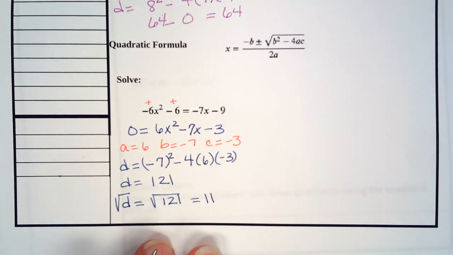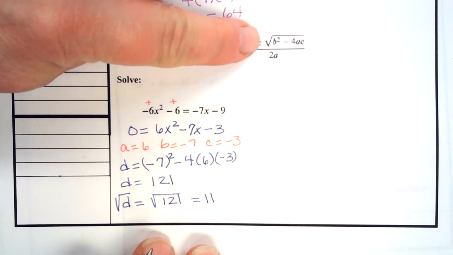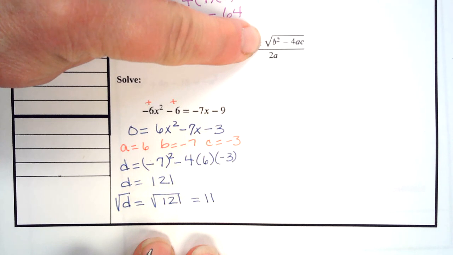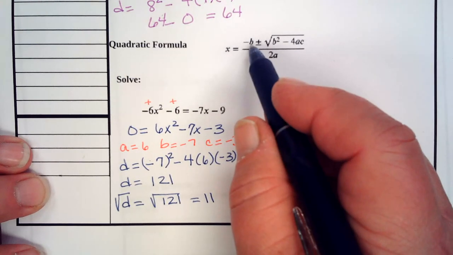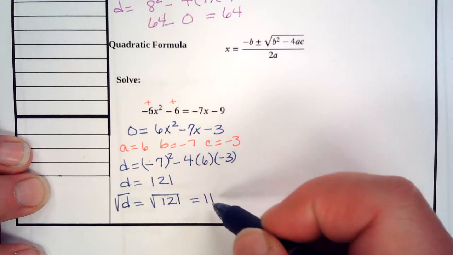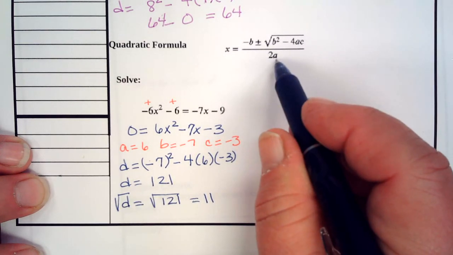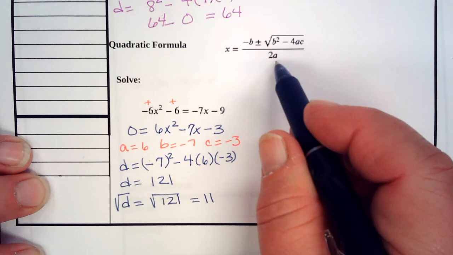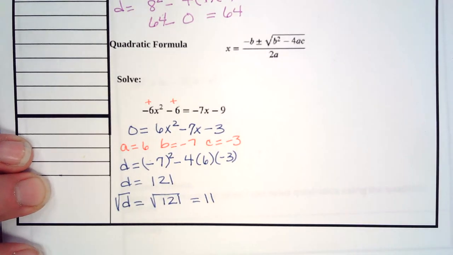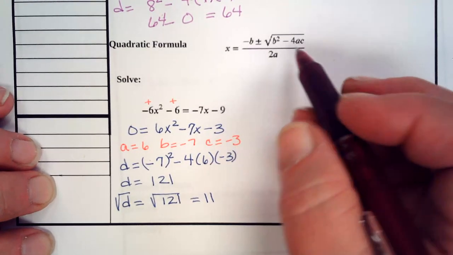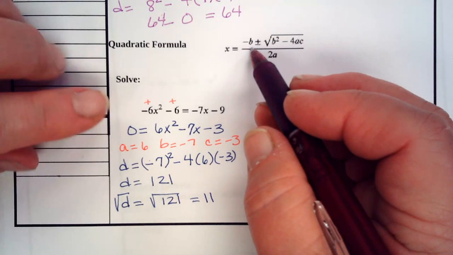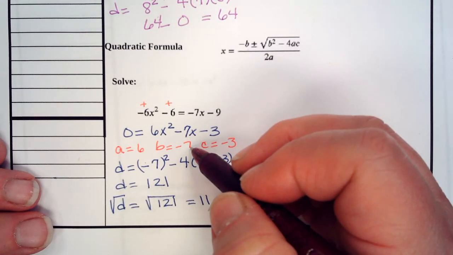Okay, now we've done everything. We have completed every bit of this, the square root of. Now we just simply have to plug in the negative b. First time we add 11 and then we divide it by 2a. Second time we subtract 11 and then we divide it by 2a. So for the first solution, the opposite of b is negative 7.